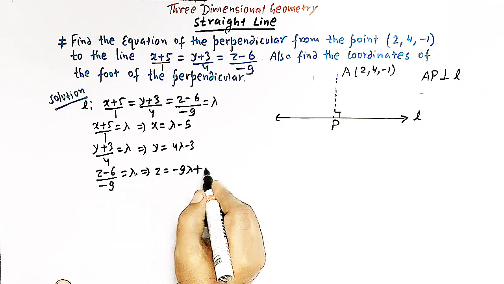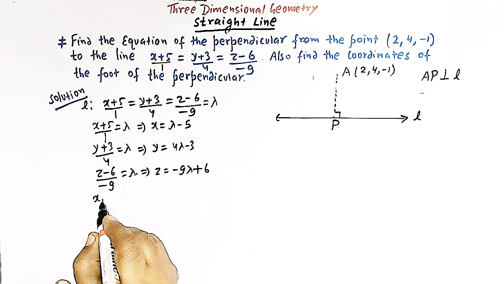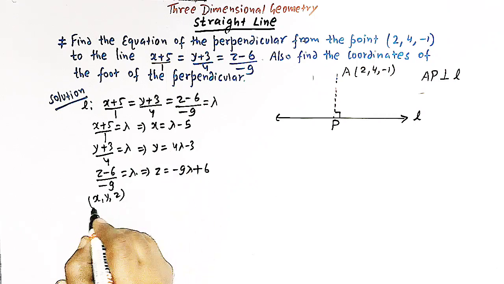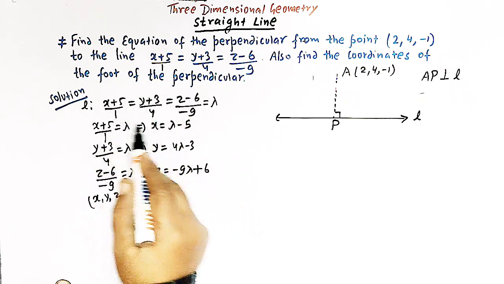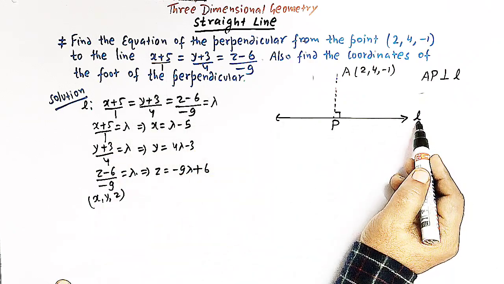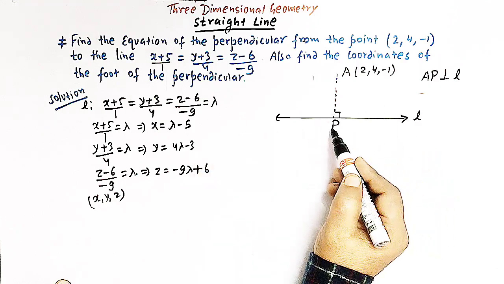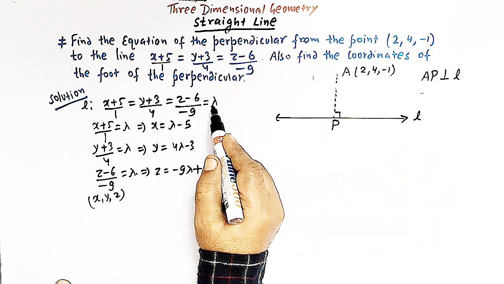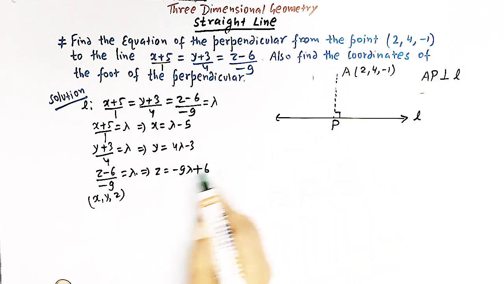So we have the coordinates x, y, z, which are known as the coordinates of the general point on this line L, right? And for some specific value of lambda, we can have the coordinates of this point P, right?